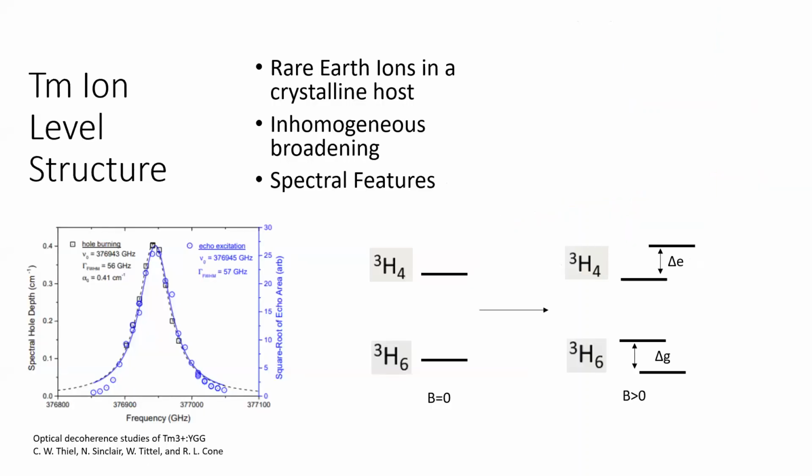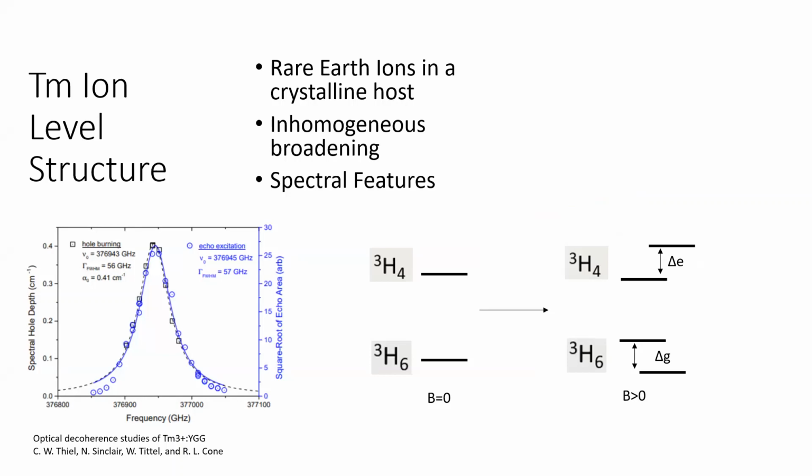Now, to do that, let's go into the details specifically of thulium in the yttrium gallium garnet ion host. So rare earth ion doped crystals are a broad field. They're studied by a number of groups across the world, and they involve large ensembles of ions doped into generally yttrium-based crystals.